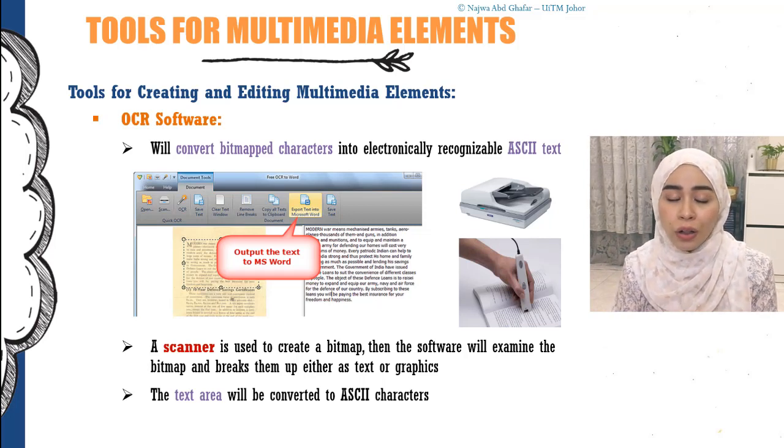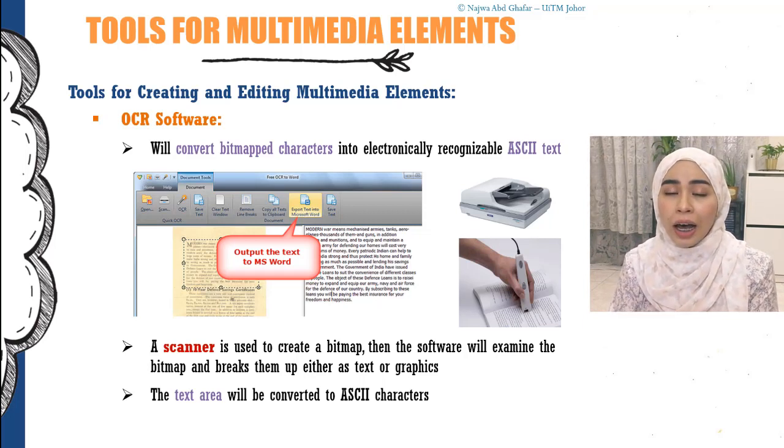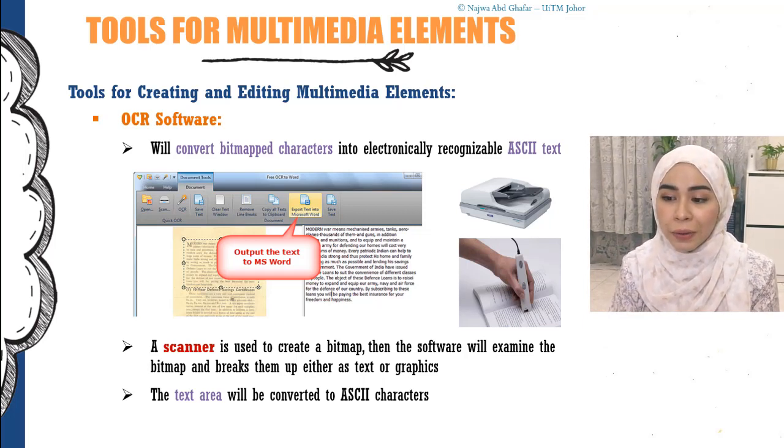It will detect whatever text you have on your image and transform that into ASCII text. When it is in ASCII text, you can always edit it, since that is the format the computer understands in terms of text characters.